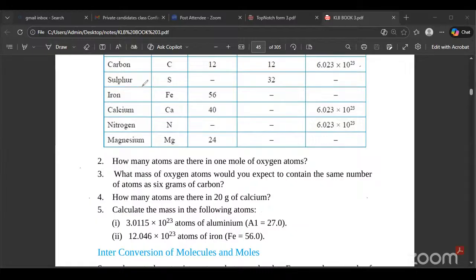Now what I am saying is this: the RAM is what they have not given us in this case. Ca in brackets is equal to 40. This is the only thing that I have not given. So we will know that 40 grams, the molar mass, has how many atoms? 6.023 multiplied by 10 raised to 23.